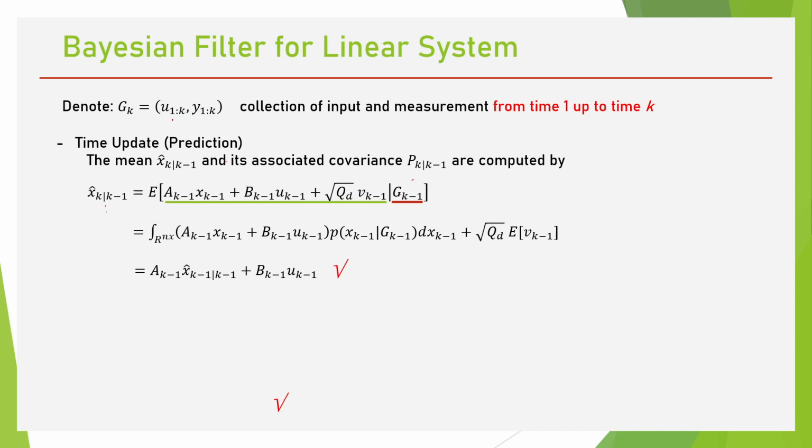Here g is the collection of inputs and outputs from 1 up to time k. So g_{k-1} means the collection of inputs and measurements from time 1 up to time k-1.